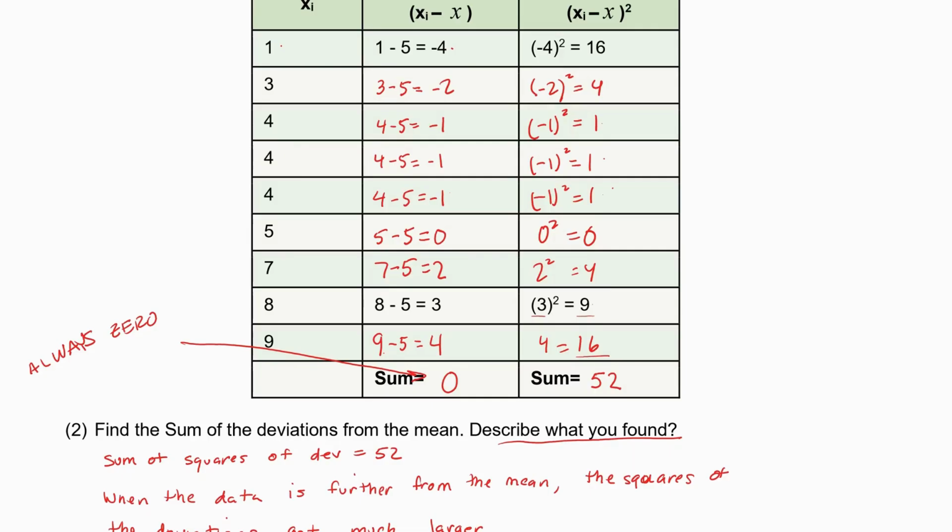That's much larger. So in other words, the things that are further away from the mean have a little bit more oomph to them. So what do we do with this number 52?